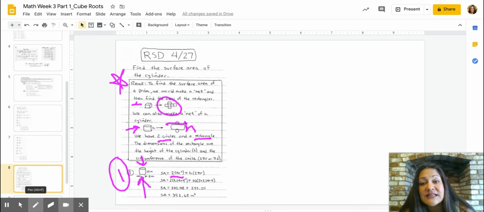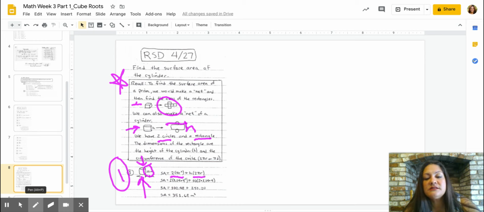Then times height times 2 pi r. The height is shown right here, that is our 10. And 2 pi r is the formula for the circumference, which is all the way around the edge of a circle. You can also say pi times diameter, because 2r, 2 times the radius, is the diameter.